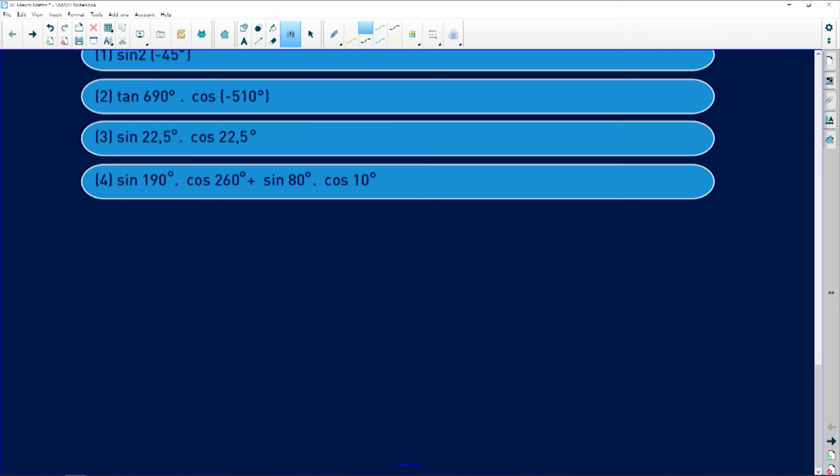We're given the tan of 690 degrees and the cosine of -510. This is an interesting question, because when we've got the tangent of 690 degrees multiplied by the cosine of -510 degrees, and we have to simplify this, you need to pay attention to the fact that we are not used to working with big angles that are more than 360.